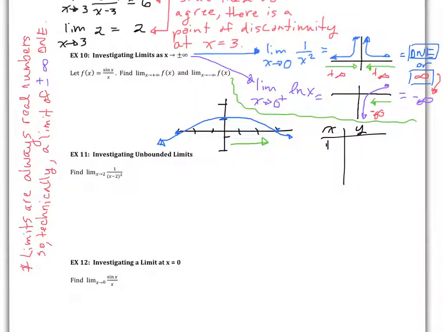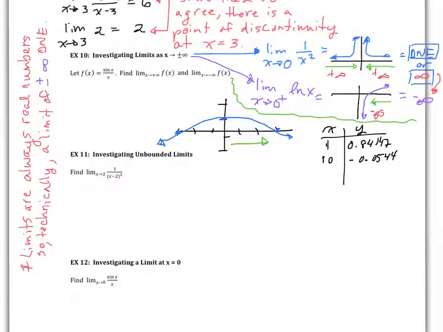What do you get? A small number, don't you? You get 0.84147. Well, I want to go to positive infinity, so I want my numbers to get bigger. So I'm going to put in 10. Now I have negative 0.0544.